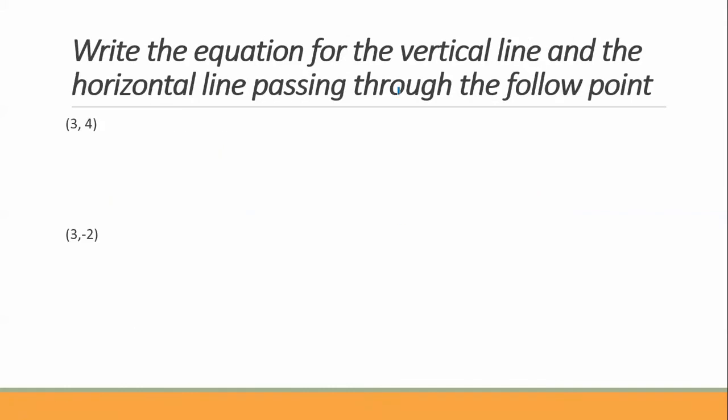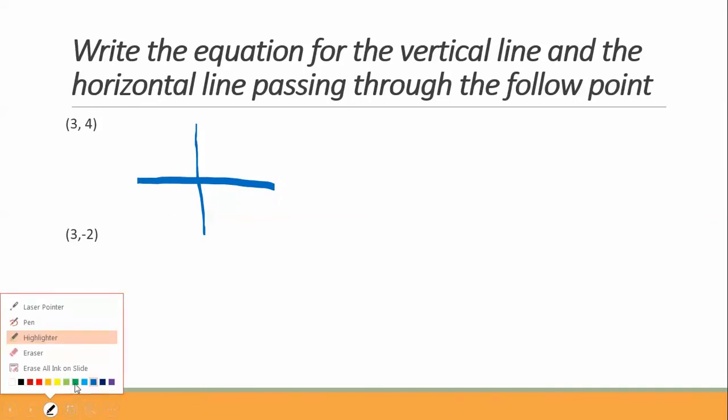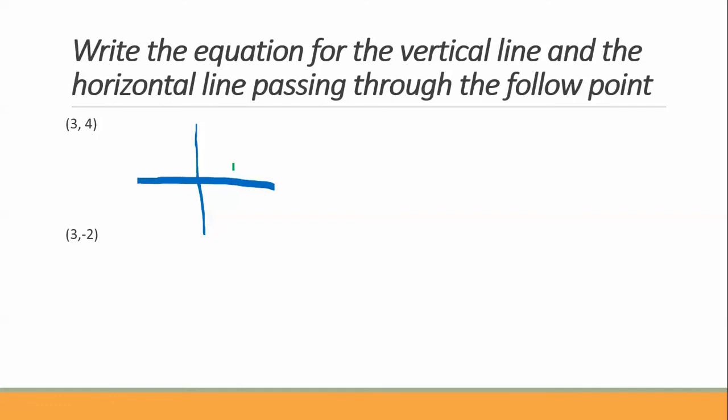And then we want to write some equations of vertical lines and horizontal lines passing through points. So let's draw a quick graph. (3, -2) is about right here. It's a quick graph, so that's (3, -2). The vertical line is here, and the horizontal line is here.